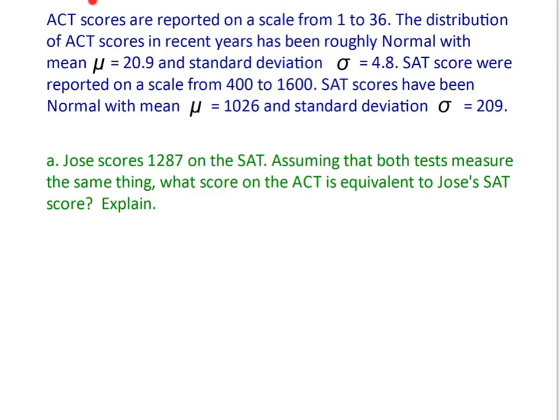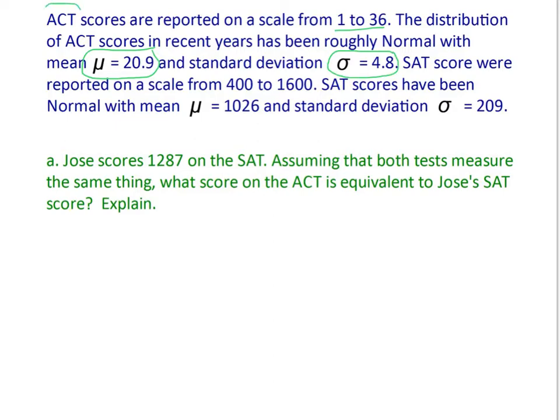So we are going to be doing this prompt the entire time, but we're going to go through A, B, C, and D, or 4 different types of challenge problems. So it says ACT scores are reported on a scale from 1 to 36. The distribution in recent years has been roughly normal, with a mean of 20.9 and a standard deviation of 4.8.